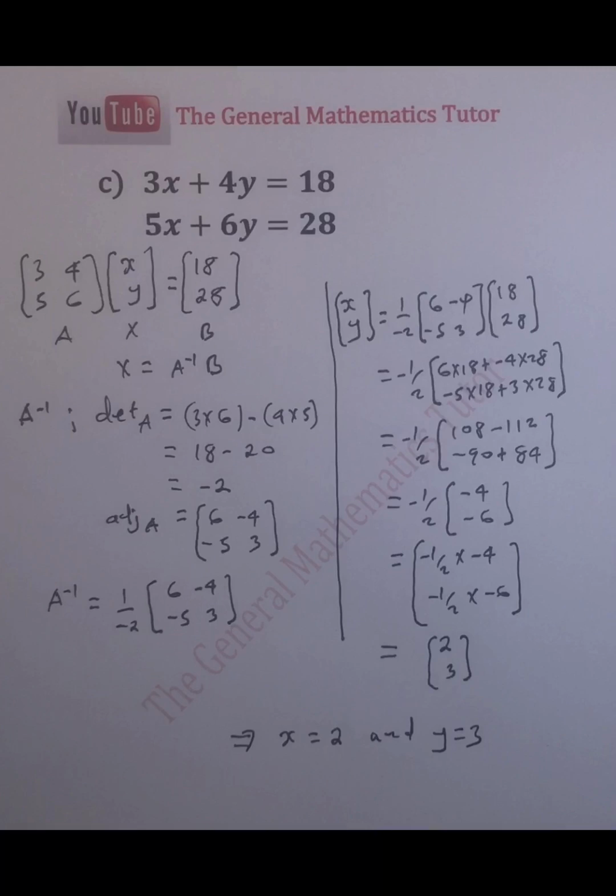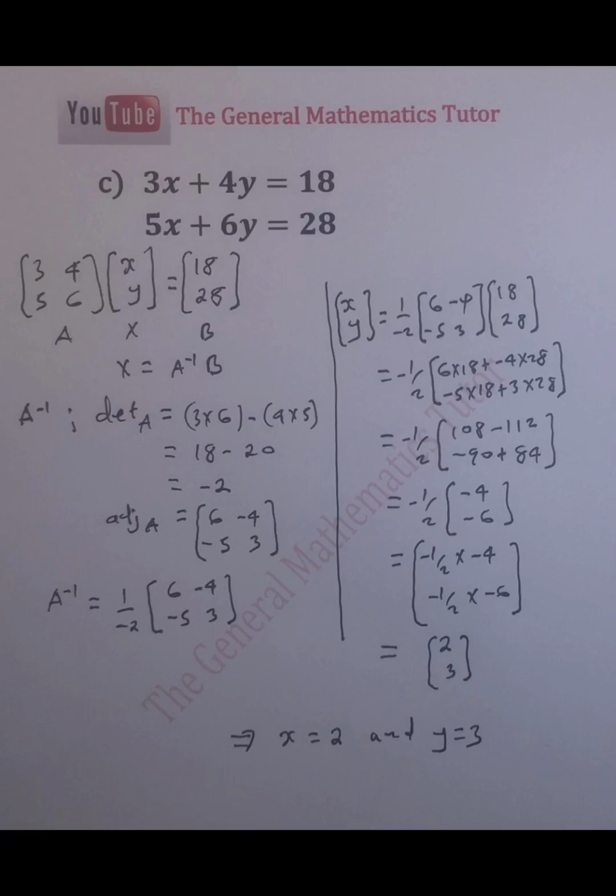And then we multiply that by b, and b is 7, 10. So we can simplify the matrix by multiplying them. So we have negative 2 times 7 plus negative 1 times 10. Then you have negative 3 times 7 plus 2 times 10.